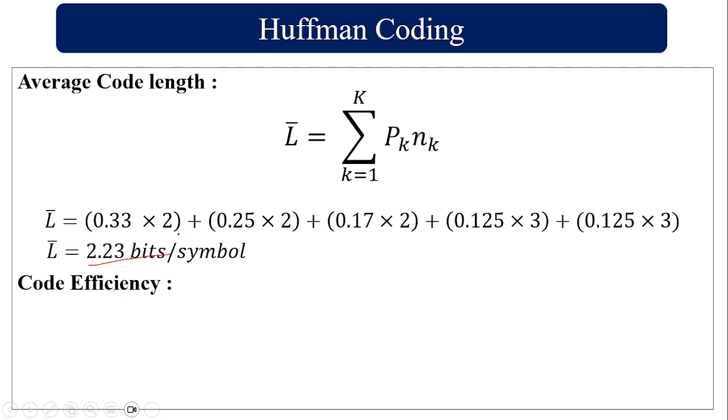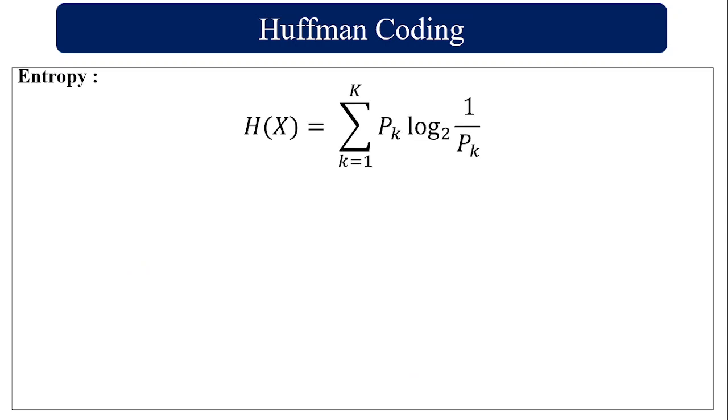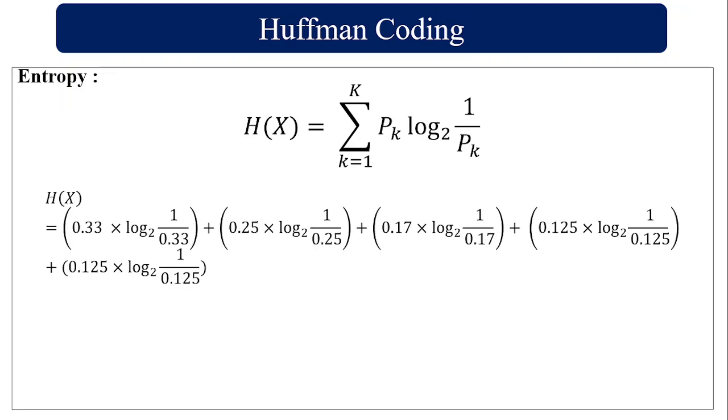Next is the code efficiency. The efficiency formula is entropy divided by average length. The average length we have already found, which is 2.23. We have to find the entropy. The formula for the entropy is the summation for k equal to 1 to K of pk log base 2 of 1 by pk. All five probabilities should be written.